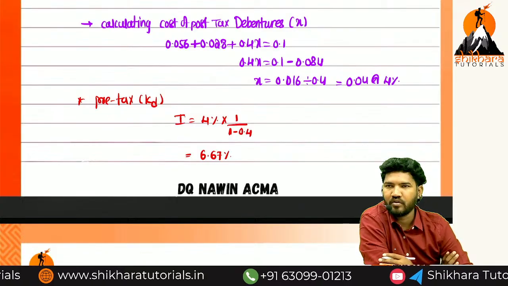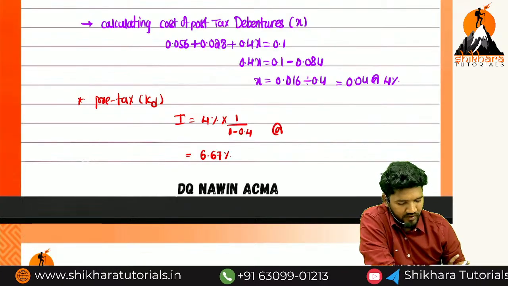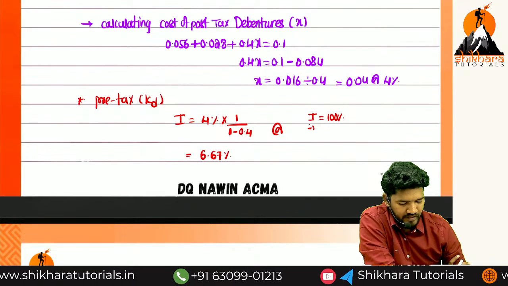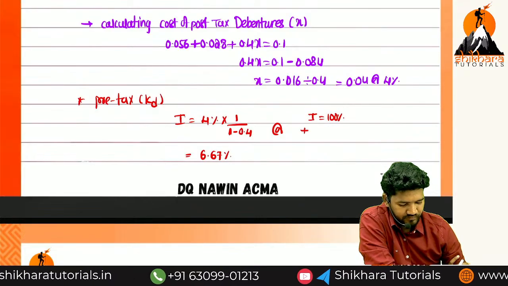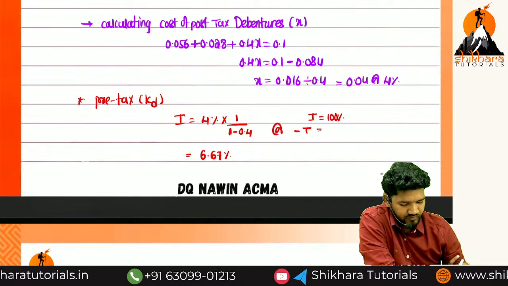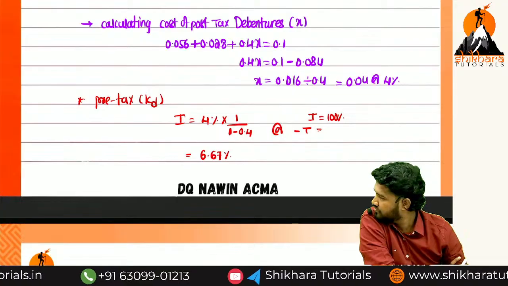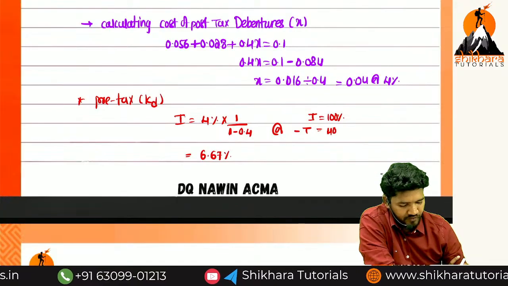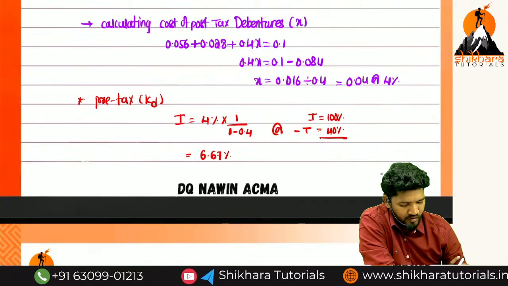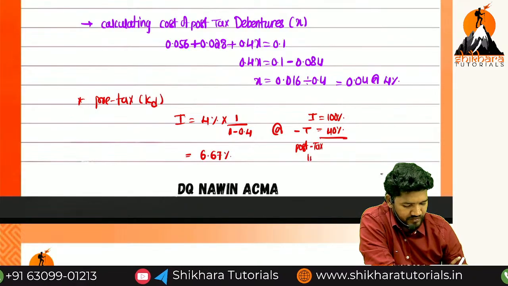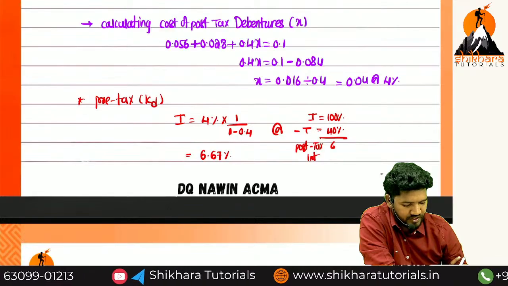Are you guys clear? I will give an alternative also. I equals 100% minus tax, that equals how much percentage? 40%. If you remove tax, you will get post-tax interest, that equals 60%.